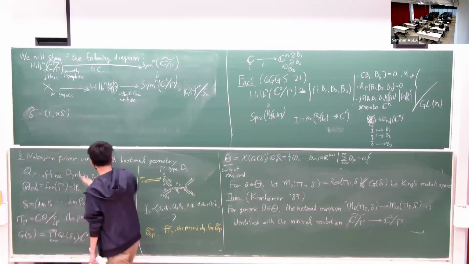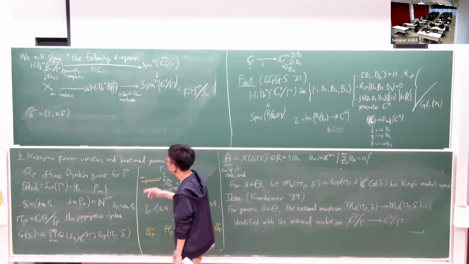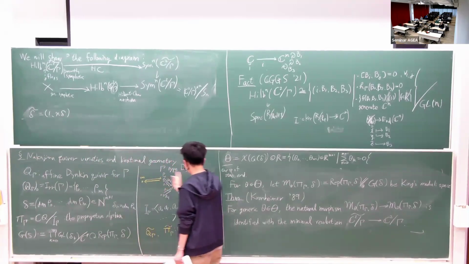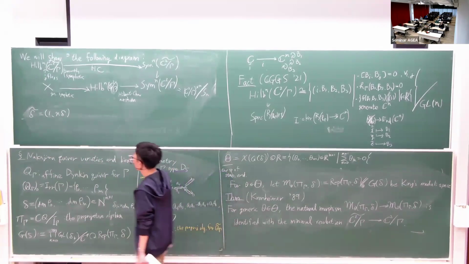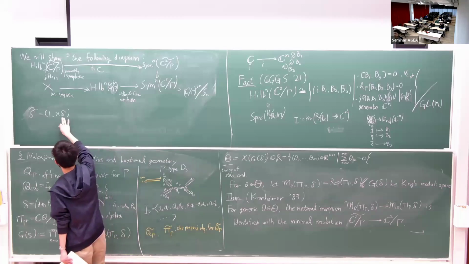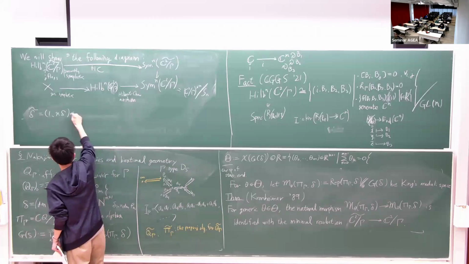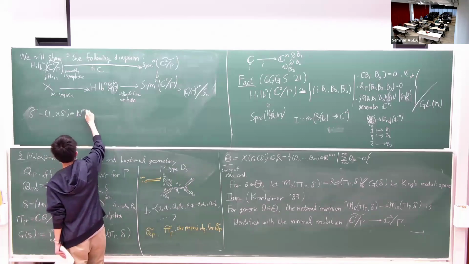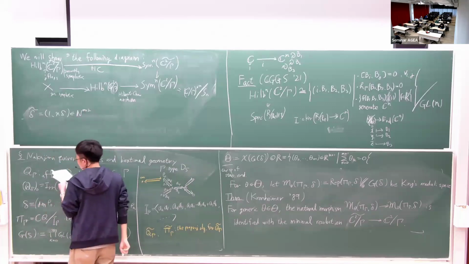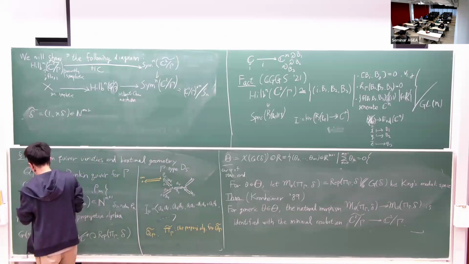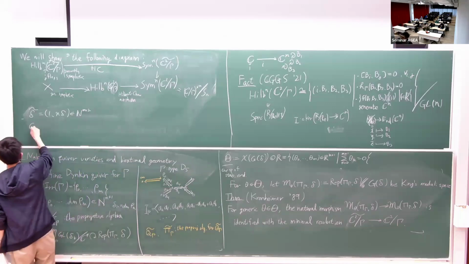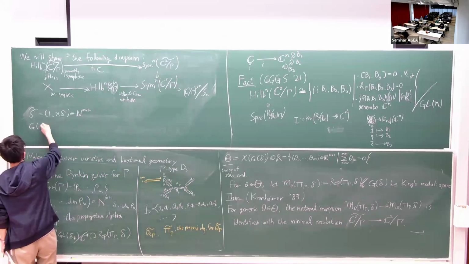The first entry corresponds to this extra vertex, and for the other vertices, we consider n multiples of delta. So this is an n plus 2 tuple of natural numbers. And we also consider the group G n delta.